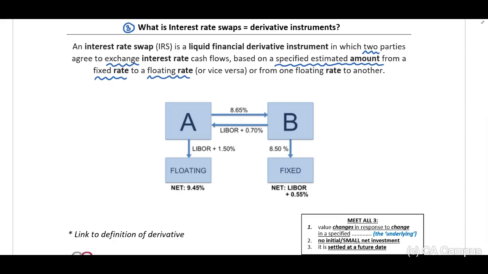We have A and B. A originally had an agreement for a floating rate, and B originally an agreement for a fixed rate. And now they decide that they want to exchange.